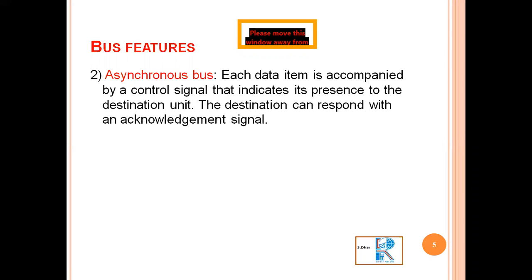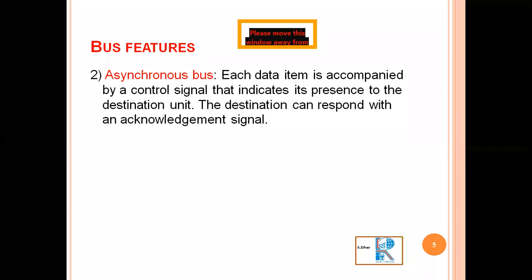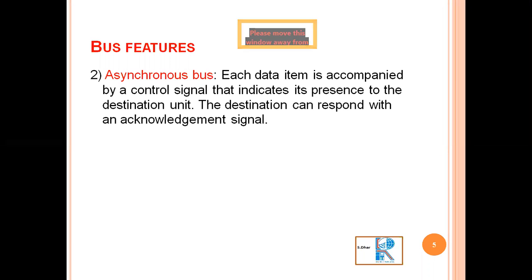The presence of the control signal means that data is in the device, or data is sent by the device, or the device is sending or receiving the data. This type of signal is generated by a special control signal. So always remember, asynchronous bus transfer is related with the presence of a special type of signal.